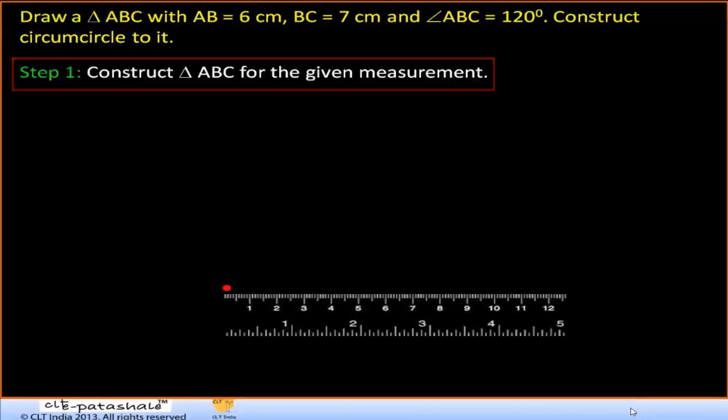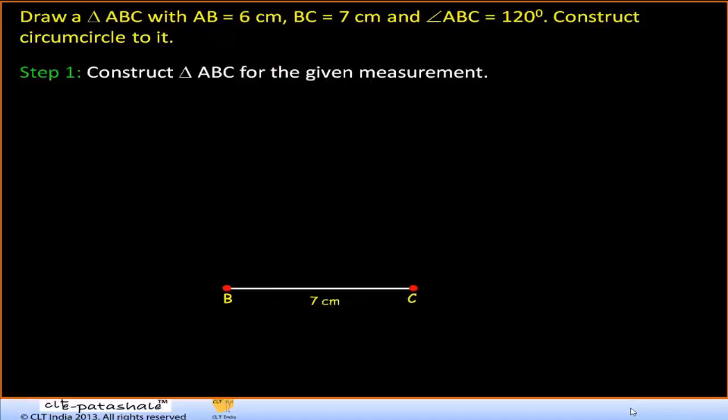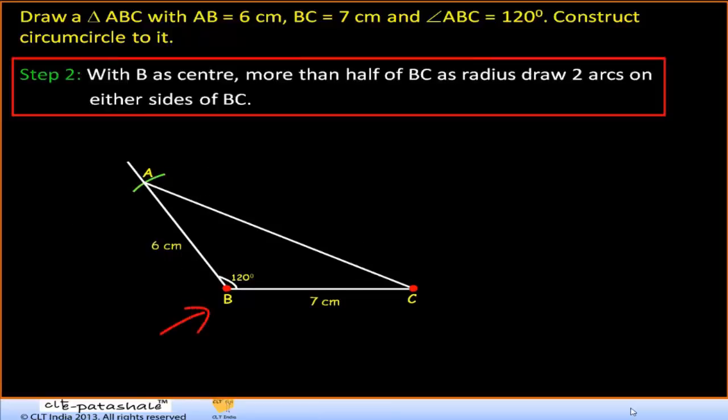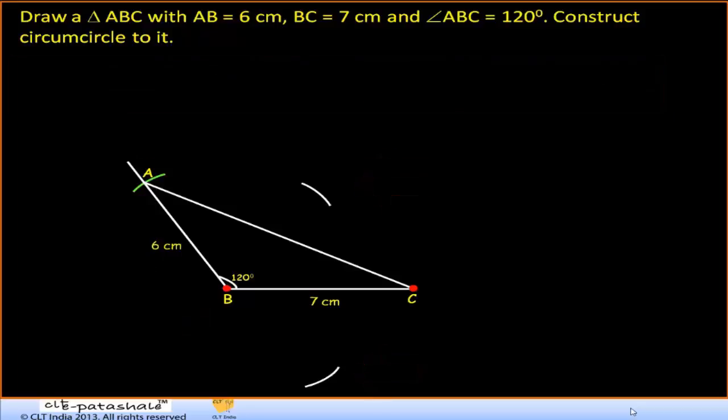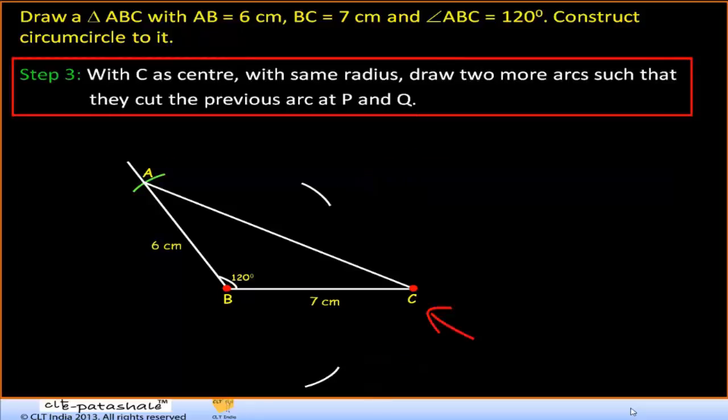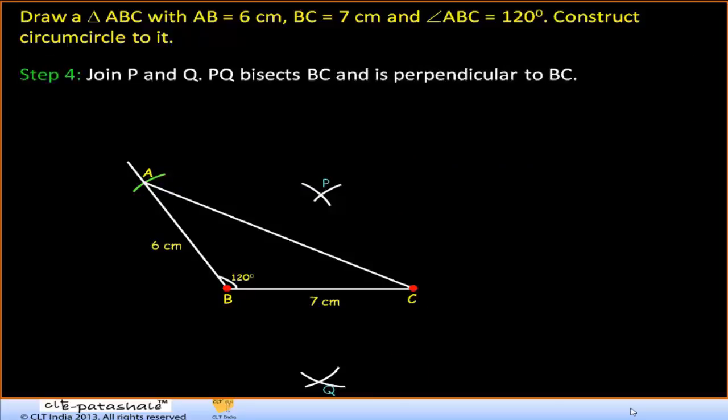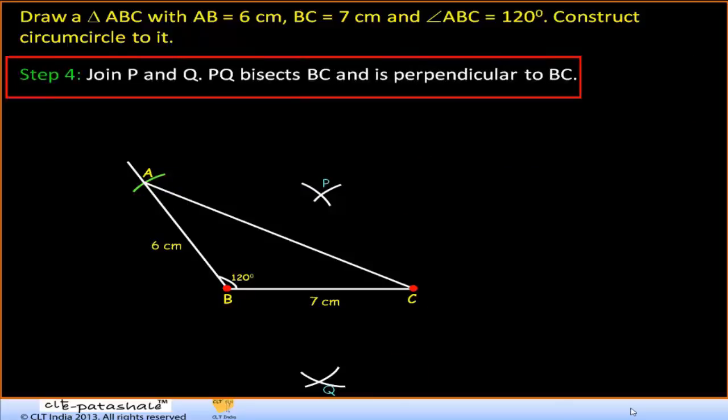Step 1. We have to construct triangle ABC for the given measurement. Step number 4. Now you have to join P and Q. Look very carefully here.